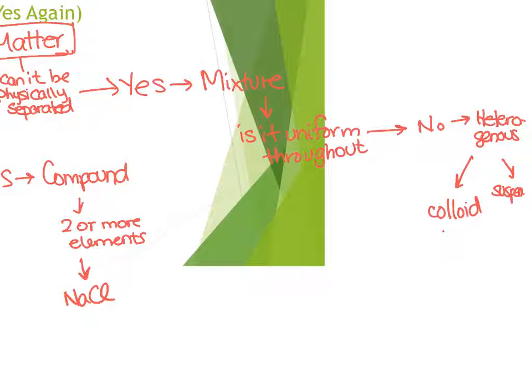What if it is uniform throughout? Then it's going to be homogeneous. And examples of things that are homogeneous would be aqueous solutions, alloys. Air is always an example.